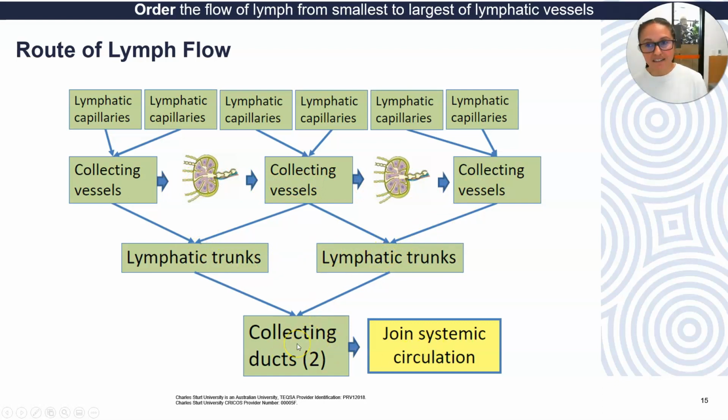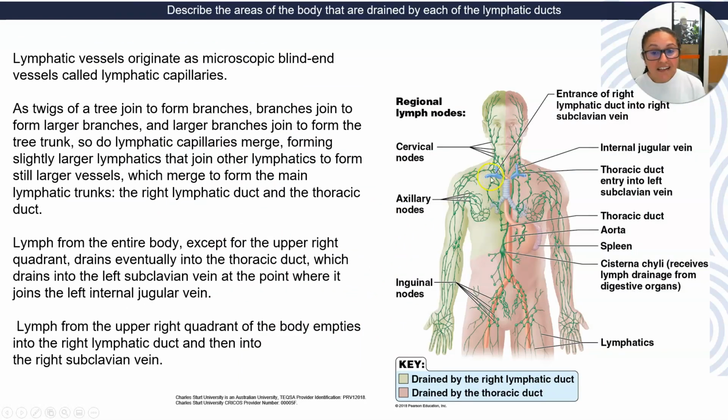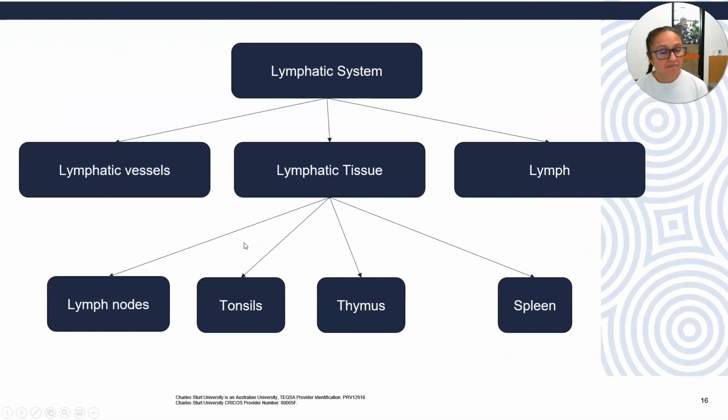Oh, I can't speak today, honestly. I can't get my words out. I'm getting my words tangled. Okay, so here we go. And then we end up in the systemic circulation, which is in the veins. Okay, in the venous system. Right. So, actually, I think we might push on. Let's push on.